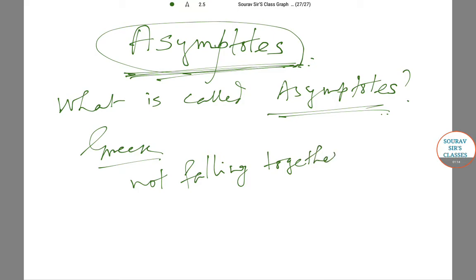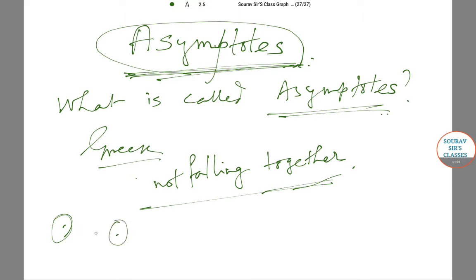So it must tell of something which varies between two particles, or two lines, or two curves. Here the curves are important. Here the two curves will not fall together, meaning they are not touching each other.